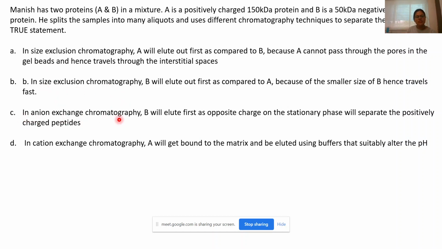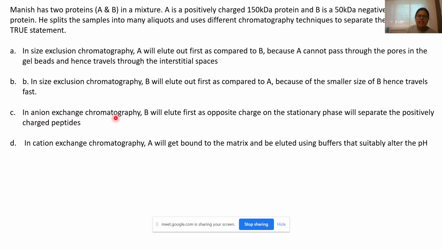So in anion exchange chromatography, B will elute first as opposite charge on the stationary phase will separate the positively charged peptides. In case of anion exchange chromatography, negatively charged compounds will be retained by the chromatography. Here it is written, B will elute out first. But B is negatively charged, so this is incorrect, because B will interact with the matrix of the chromatography.